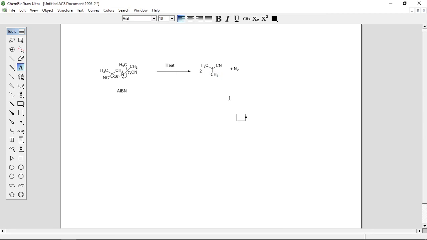Now we are trapping this radical by reacting it with nitric oxide.